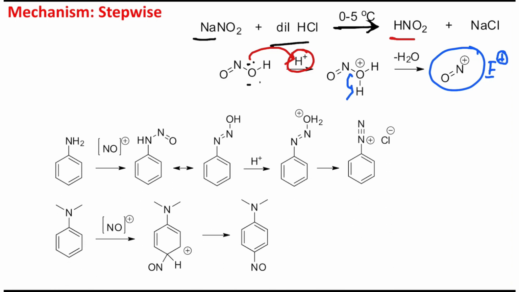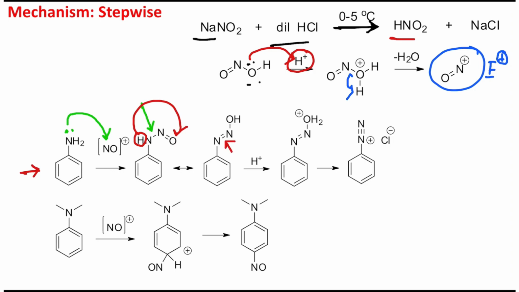So what happens in the first case? If you react this aniline with this NO+, then this nitrogen lone pair acts as the nucleophile and attacks here, and it produces this N-N bonded species. This is the N-N bond, and it undergoes tautomerization. In this way a hydrogen shifts from here to this oxygen, and it produces this N-N double bond with an OH group.